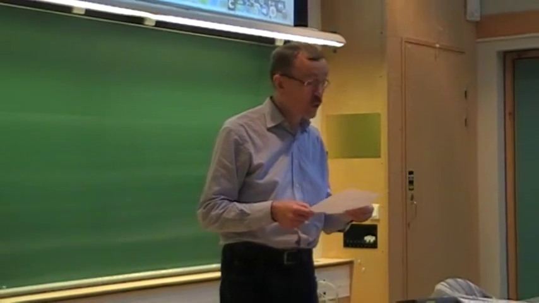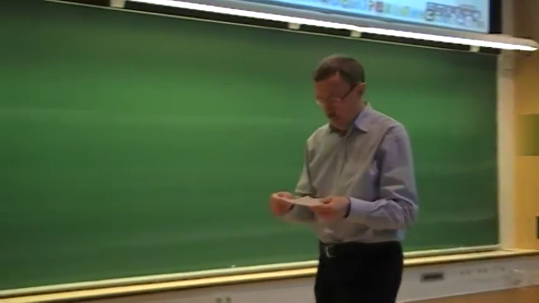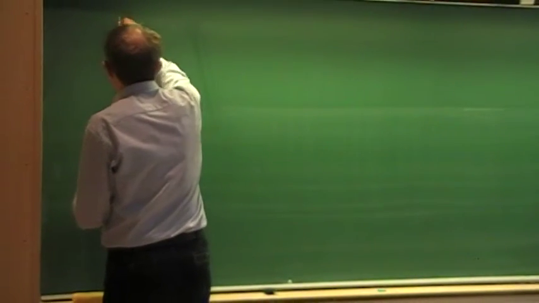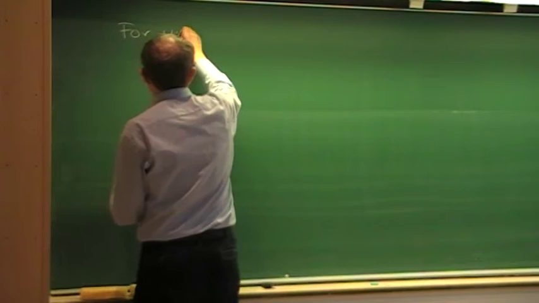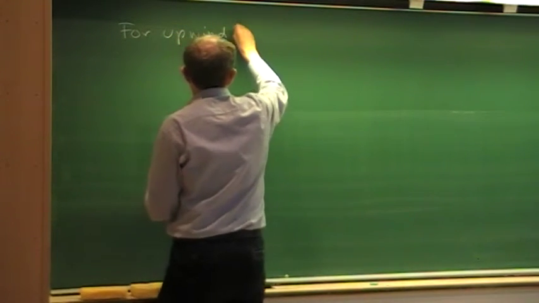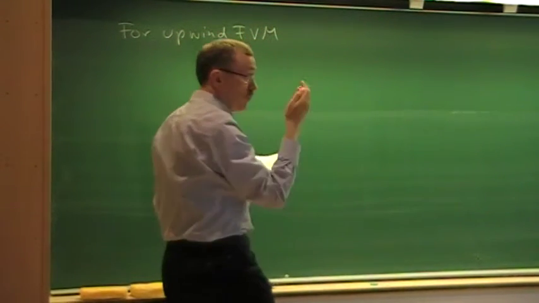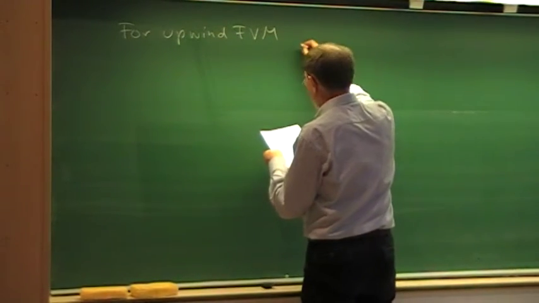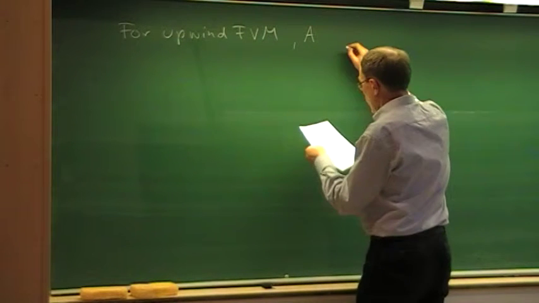Finite volume method for convection diffusion. So for the upwind finite volume method, for the convection diffusion, we have the central finite volume method.